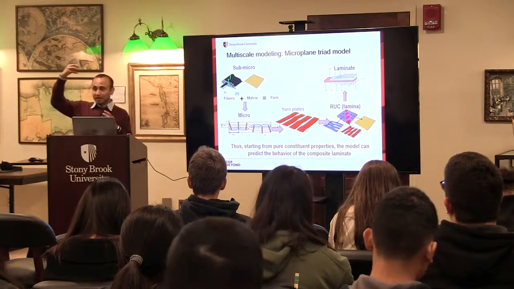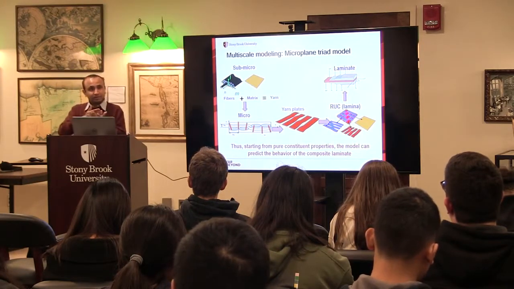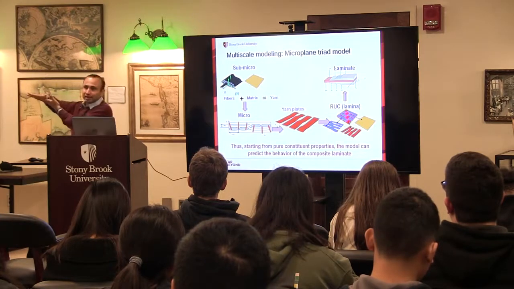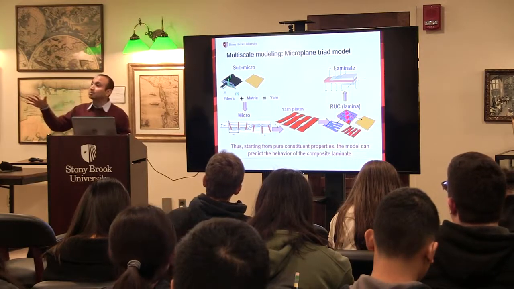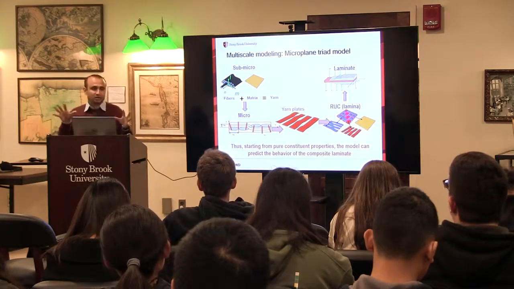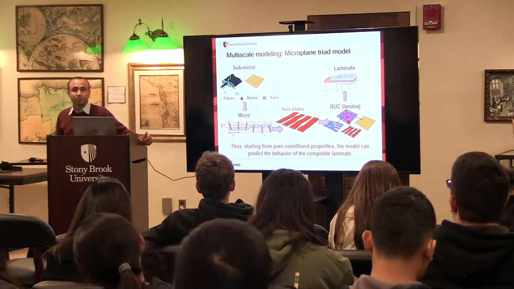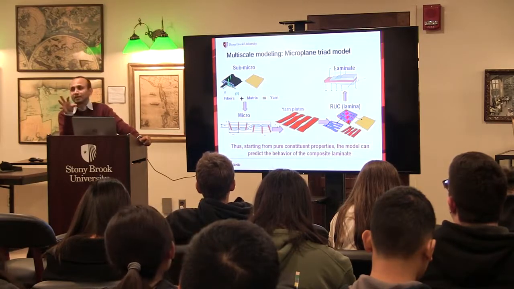Okay? So starting from the matrix and fibers, you make yarns. The yarns form layers, and the individual layers form the laminate. So a composite itself, if you think about it, consists of many lengths. So it's a complicated material. So we have this model called the microplane model, which accounts for these different lengths.